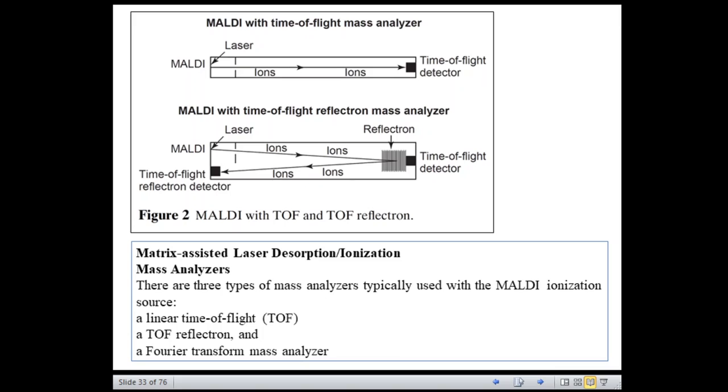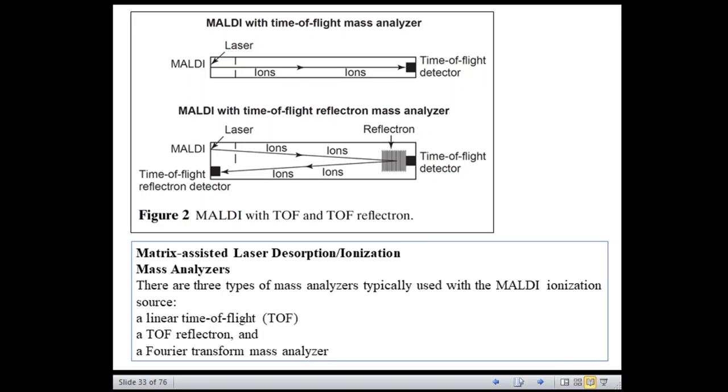In TOF analysis, which is based on accelerating a set of ions to a detector, all of the ions are given the same amount of energy. Because the ions have the same energy but they differ in mass, the ions reach the detector at different time points.